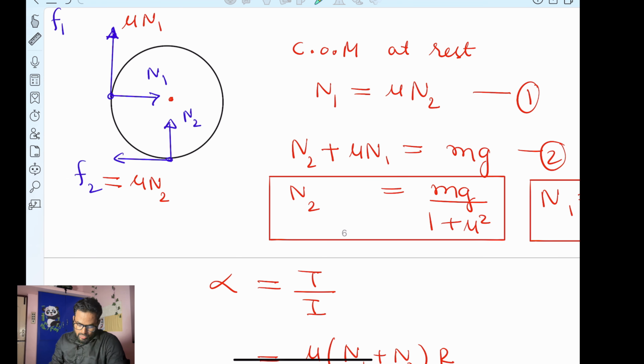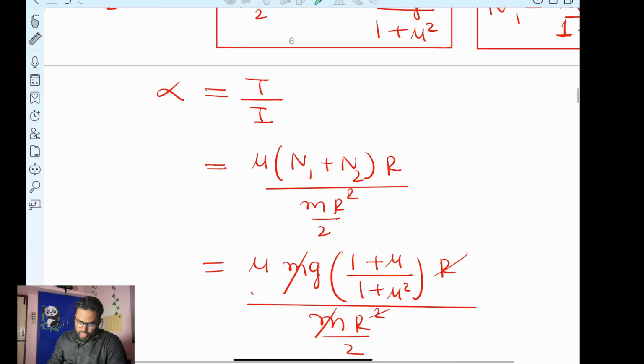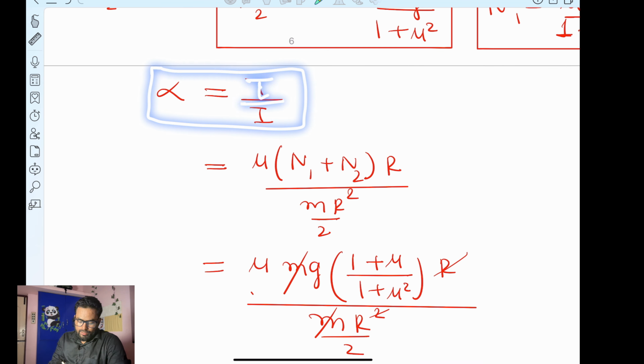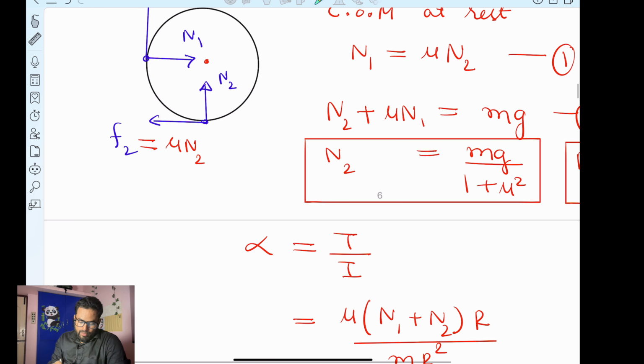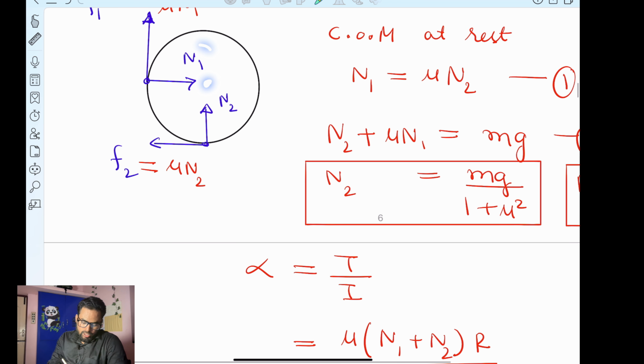Now let's see the angular acceleration alpha. Angular acceleration would be given by torque by inertia, tau equals I alpha, Newton's second law. Let's see the torque about the center. n1 is passing through the center, n2 is also passing through the center.